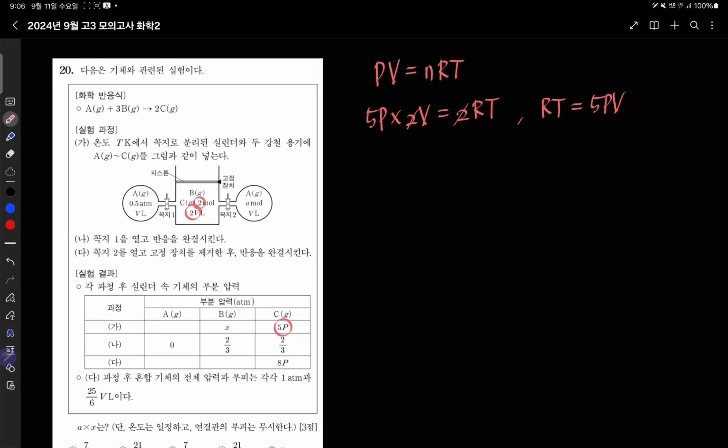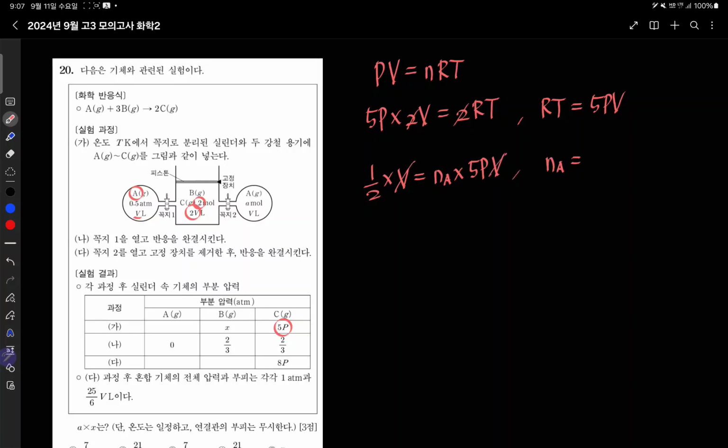Let's think of the amount of gas A before the first reaction. Pressure of gas A is 0.5, and volume of gas A is V liter, and RT is 5 times PV.